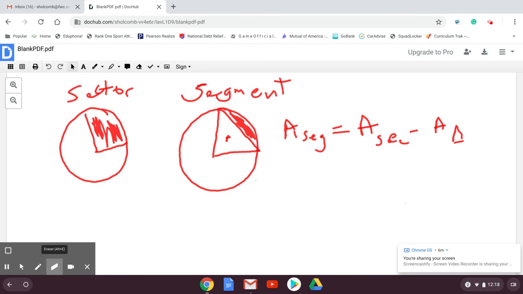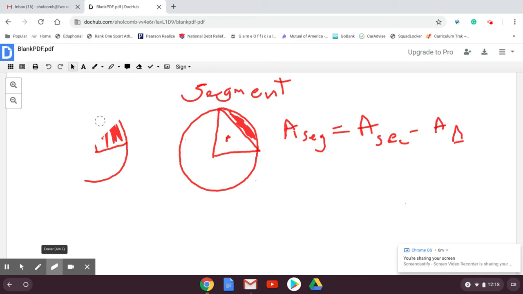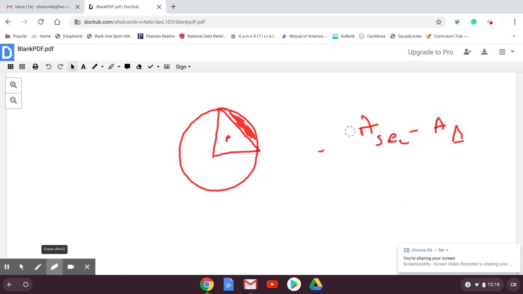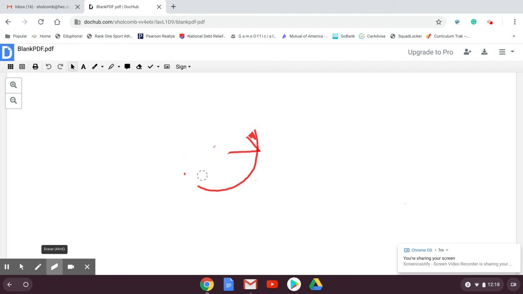It's going to require a little bit of extra knowledge because you're going to have to use areas of triangles, 1/2 base times height, or 1/2 bc sine of A, depending upon the information that you've been given. Could require a little bit of trig because of that. And you're going to have to calculate the overall area of a sector and keep all this stuff straight. So it gets a little bit more confusing at this level.